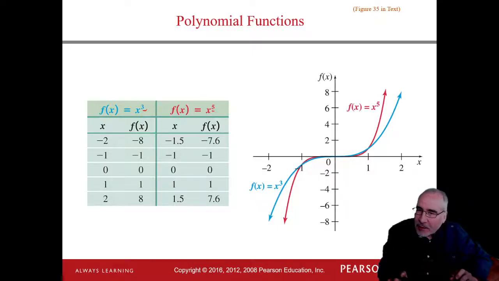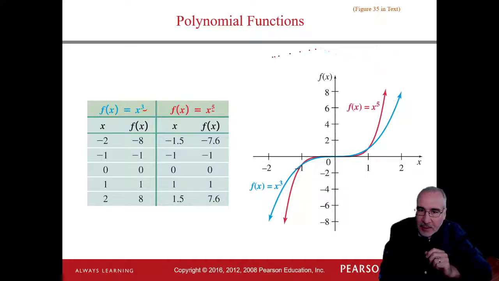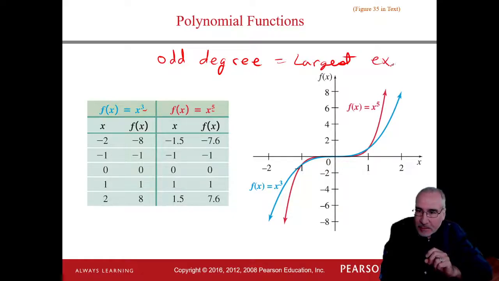Again, they're not all odd functions. We talked about that last week, but with the leading term having an odd degree, not leading coefficient odd, odd degree. And the degree is determined by the largest exponent.